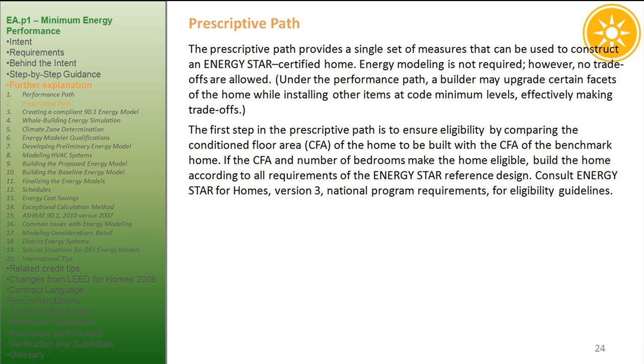The first step in the prescriptive path is to ensure eligibility by comparing the conditioned floor area, CFA, of the home to be built with the CFA of the benchmark home. If the CFA and number of bedrooms make the home eligible, build the home according to all requirements of the Energy Star reference design. Consult Energy Star for Homes, version 3, National Program Requirements, for eligibility guidelines.